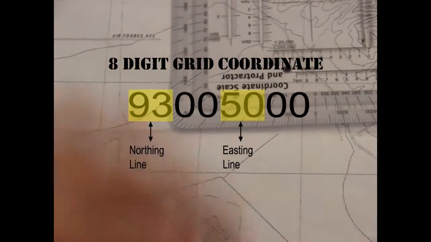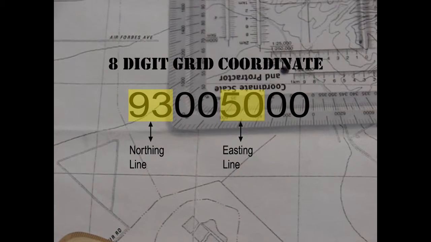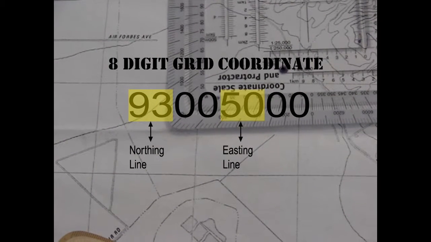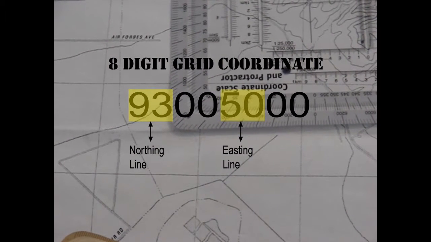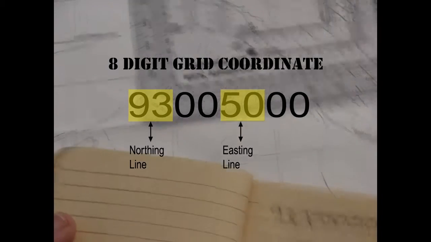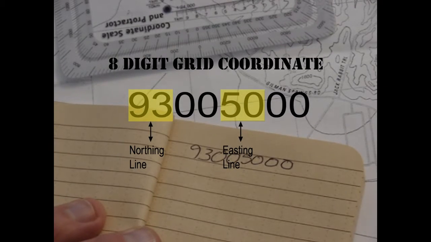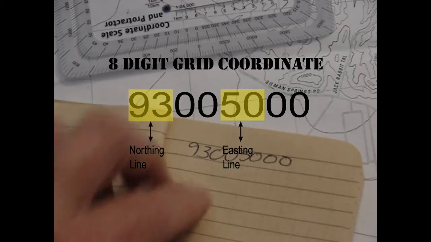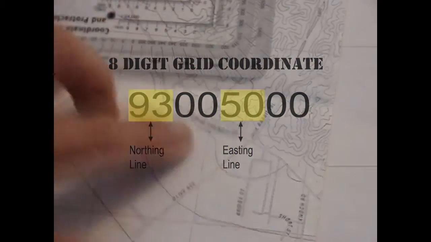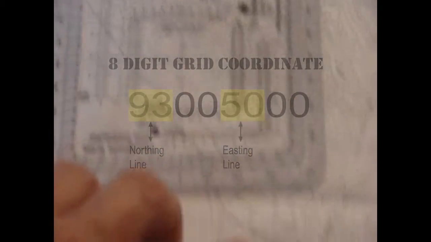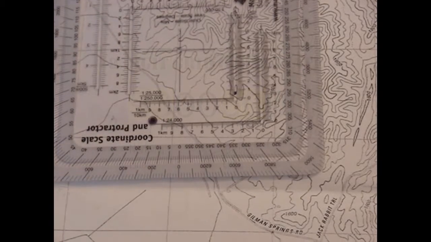So that coordinate would be written as 93005000, and that gives you an 8-digit coordinate to that intersection of a northern and eastern line. If you wanted to get precise within 10 meters, that's where you'd go about doing that.